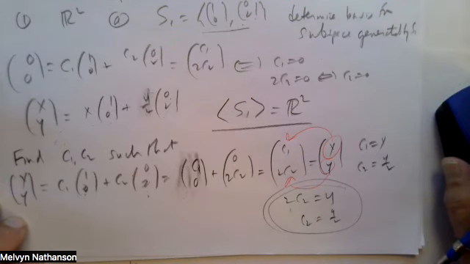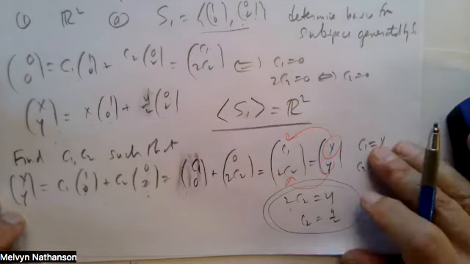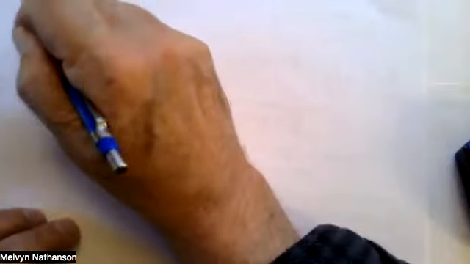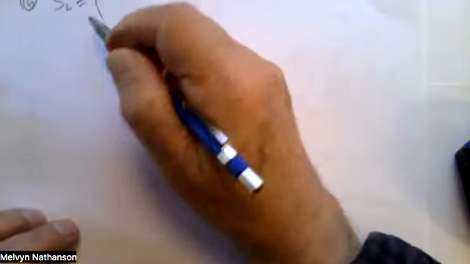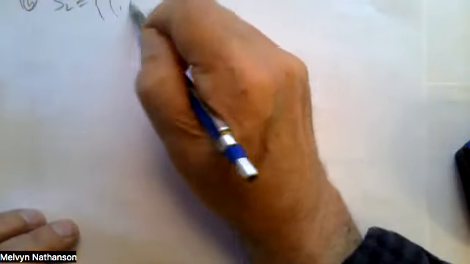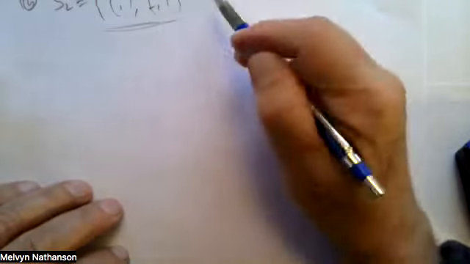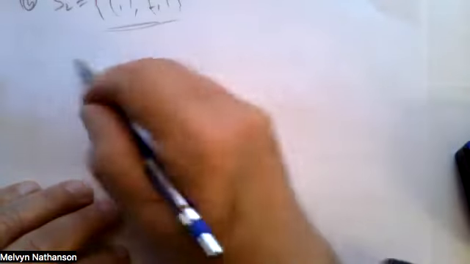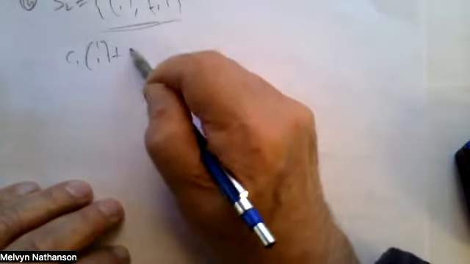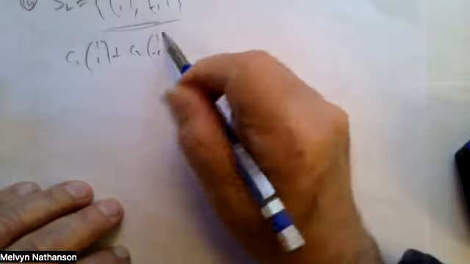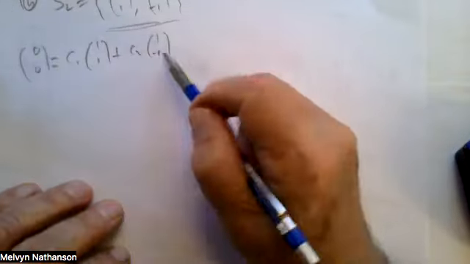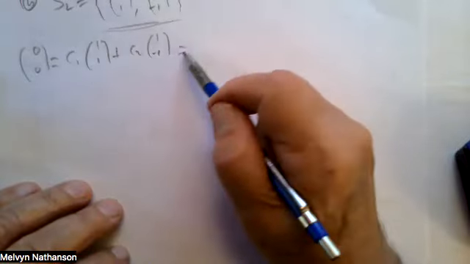Let's look at the rest of this, parts B and C and so on. In 1B, we have a set S2 consisting of two vectors, (1, 1) and (1, -1). Again, these are also linearly independent. If you have C1 times (1, 1) plus C2 times (1, -1) and that's the zero vector, when you expand this, what is this vector?